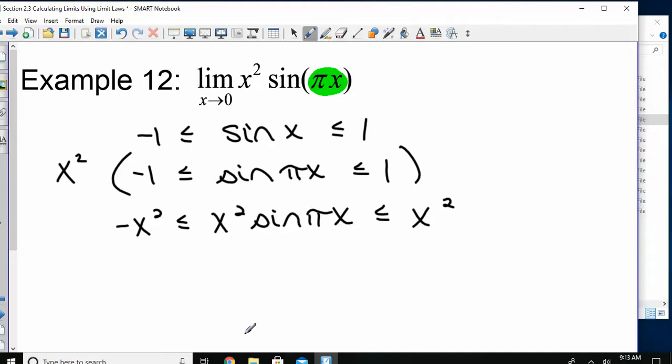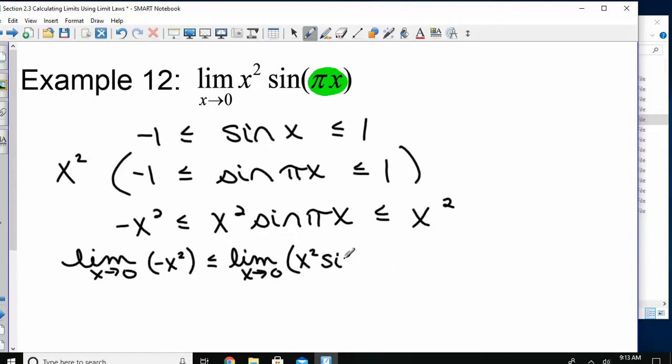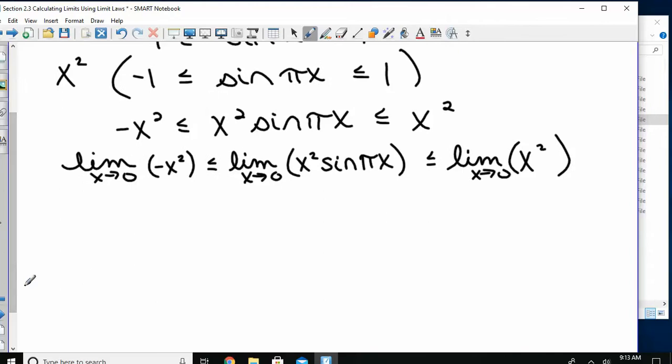Okay, now what do we need? The limit. And that's good for us because we can evaluate the left and the right.